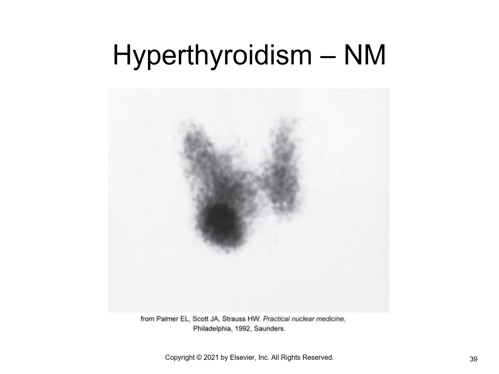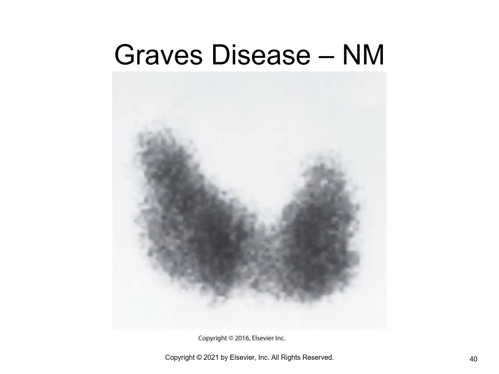Here is an example of a nuclear medicine study that demonstrates a hot spot on the right thyroid inferior lobe, and you see that right lobe is much larger than the left, and this hot spot in this case is an overactive tumor, which is causing hyperthyroidism.